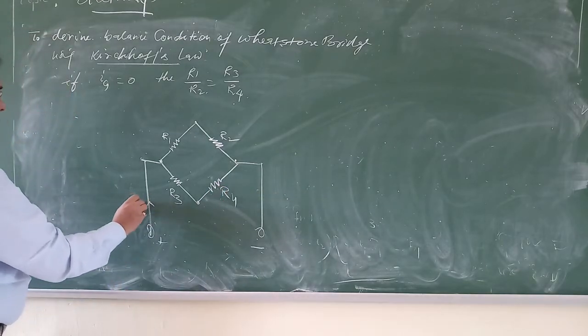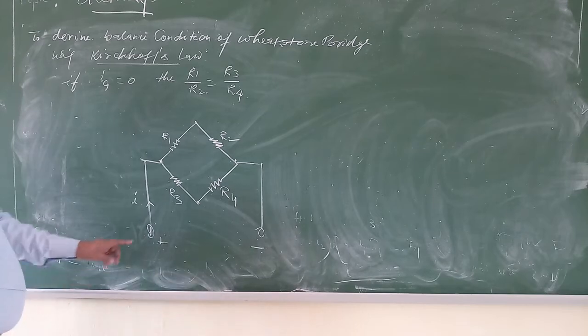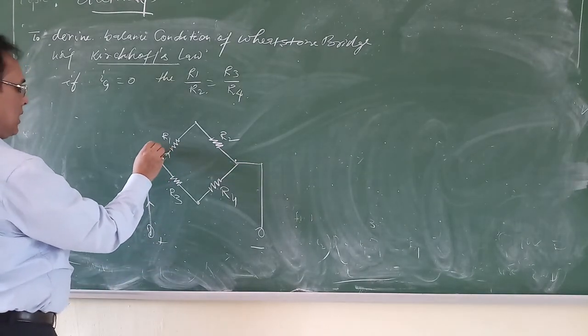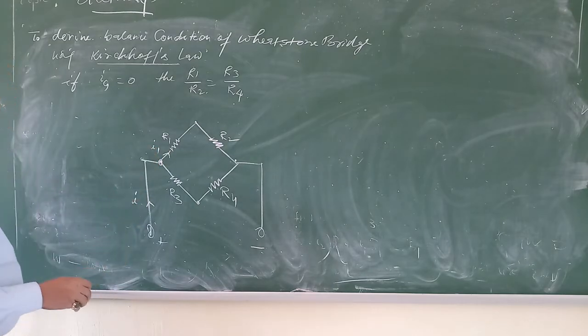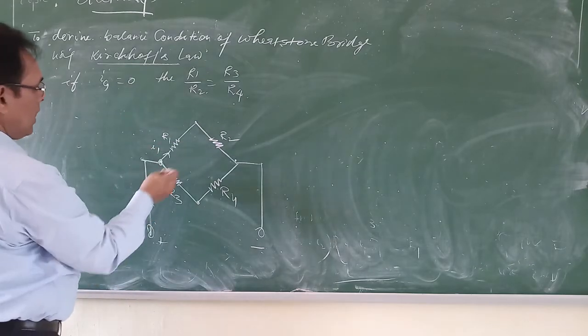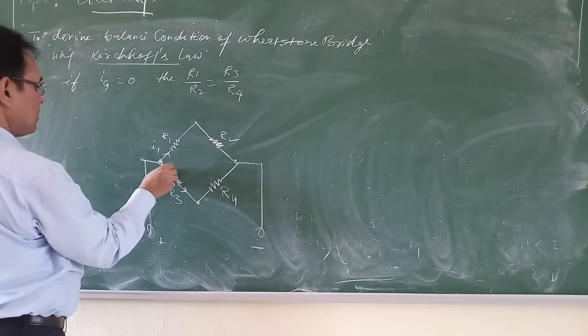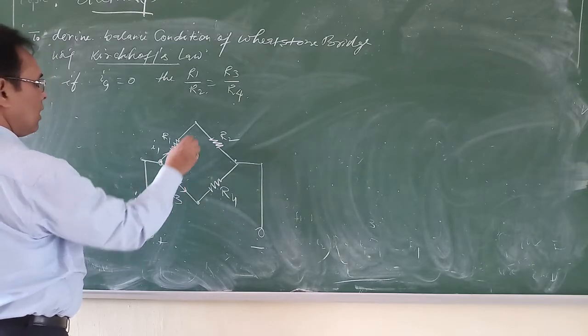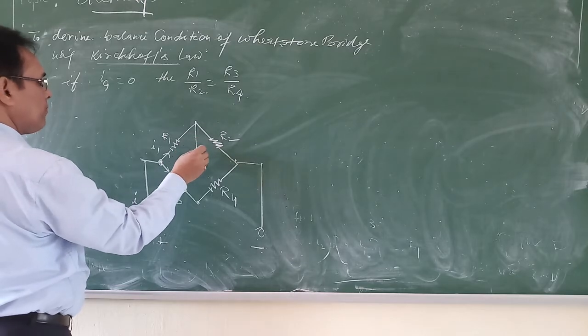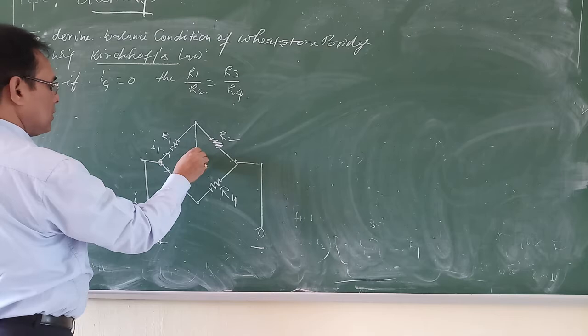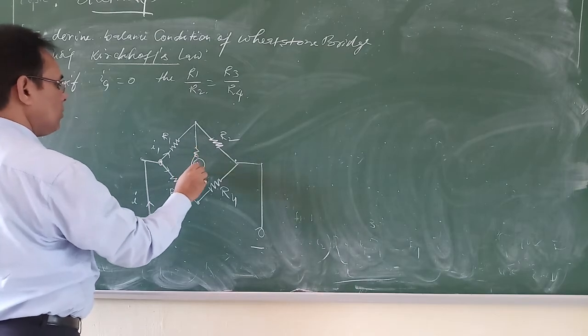Let current I be flowing from this positive terminal. Here is a junction. Let I1 current be coming through this direction, and then the remaining current. And here also this is the galvanometer, one galvanometer provided.